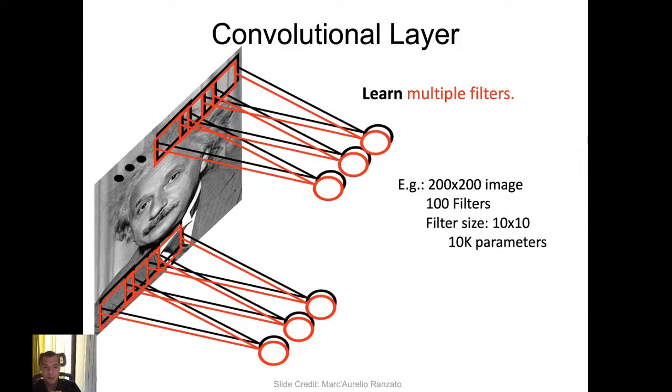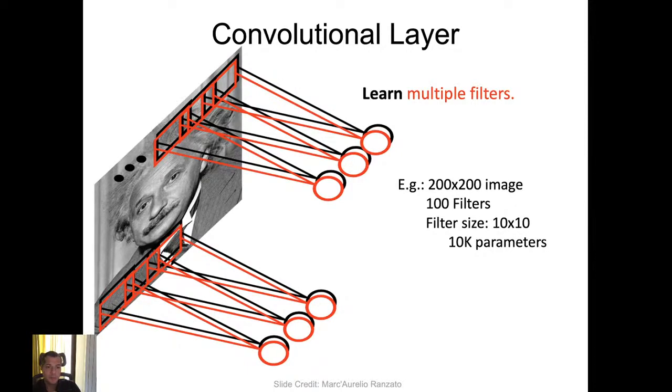What I said previously is that we want to have different units that learn different patterns. So one convolutional layer typically contains multiple filters.